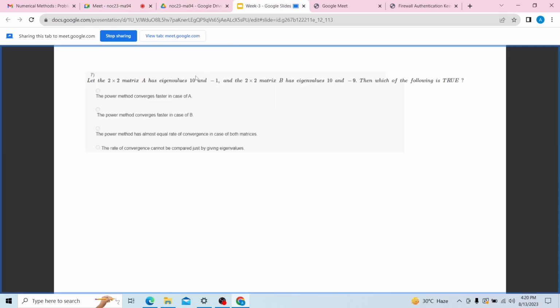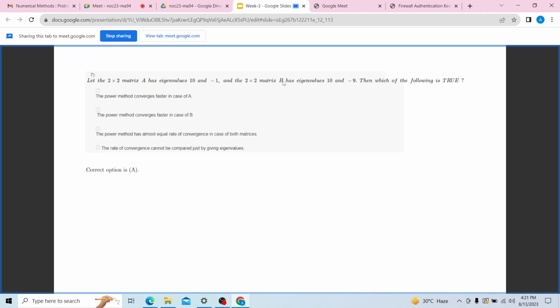So when you calculate the ratio here, for matrix A, what will be matrix A? Just arrange the eigenvalues in the diagonal elements. So you'll get 10, 0, 0 and minus 1. Fine.